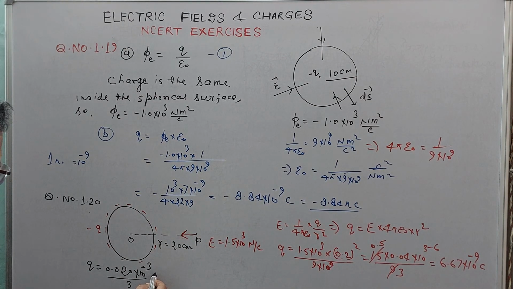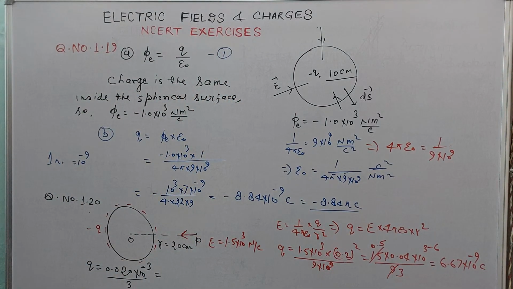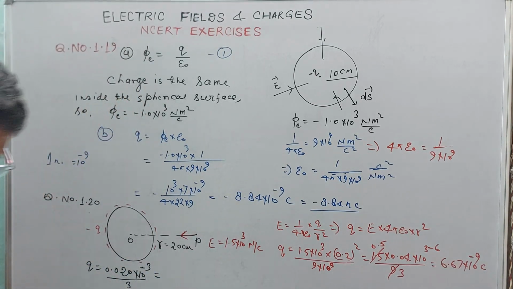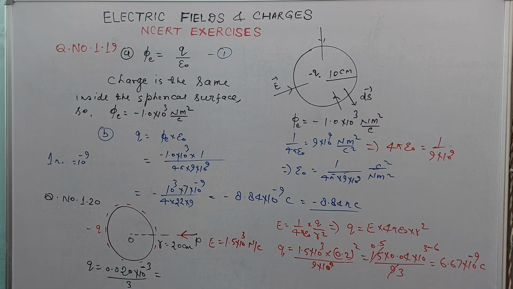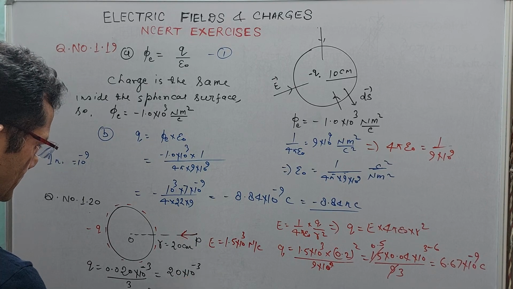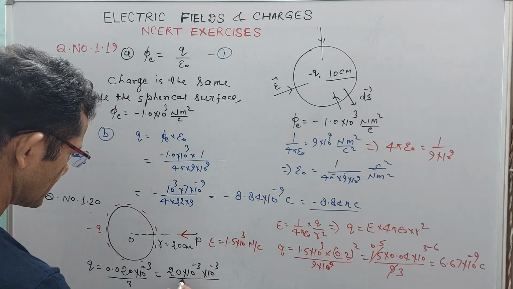Now removing the decimal, 3 minus 6 is minus 3. Now here remove the decimal here, 20 minus 3 into 10 raised to the power minus 3 divided by 3.